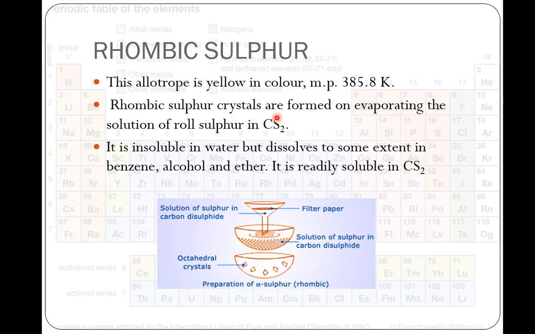Rhombic sulfur crystals are formed on evaporating the solution of roll sulfur in CS2. You can see the diagram here. It is insoluble in water but dissolves to some extent in benzene, alcohol and ether. It is readily soluble in CS2.